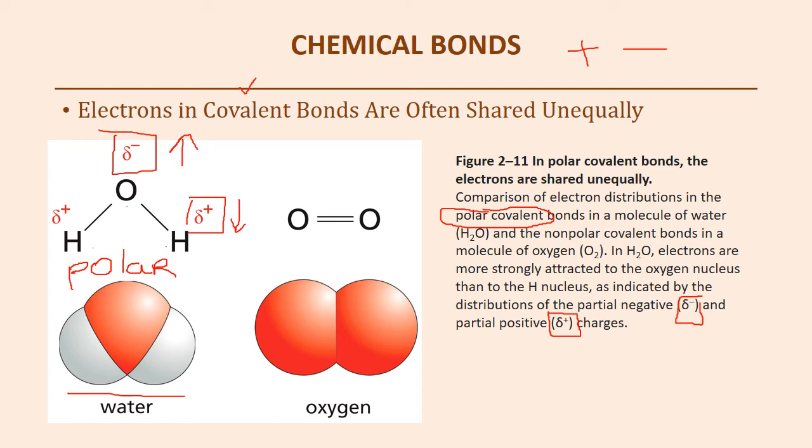If you see that there's an equal sharing, then we call that a nonpolar covalent bond. Now, a nonpolar covalent bond can be found in two scenarios. The first scenario is that you're looking at different elements that are relatively close to each other on the electronegativity scale.